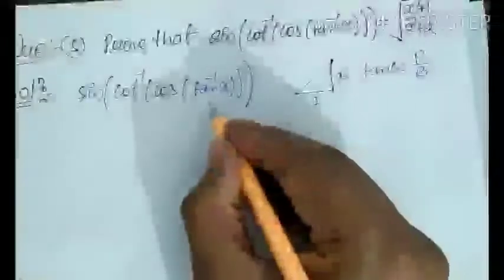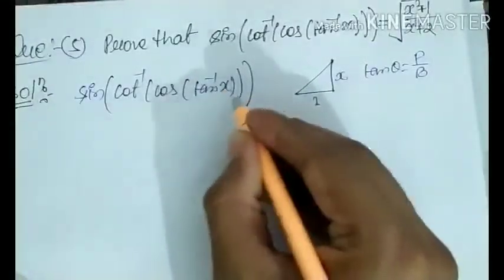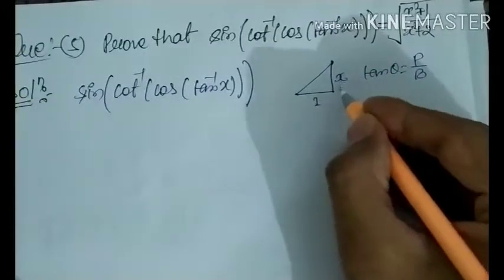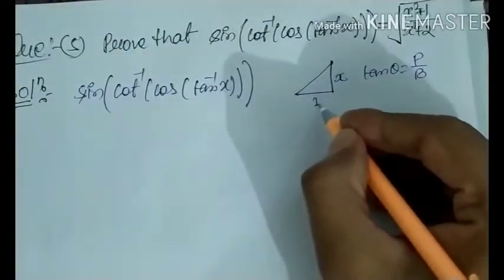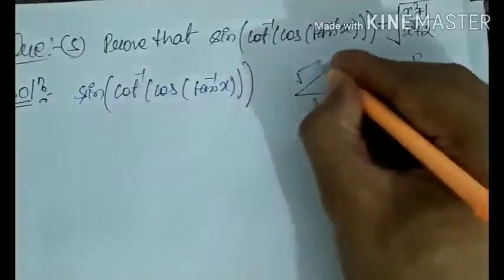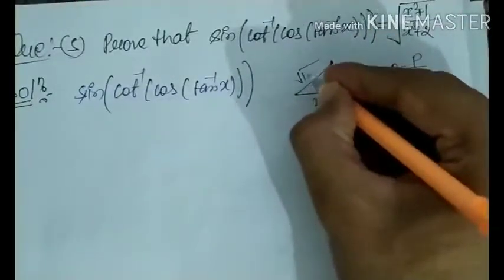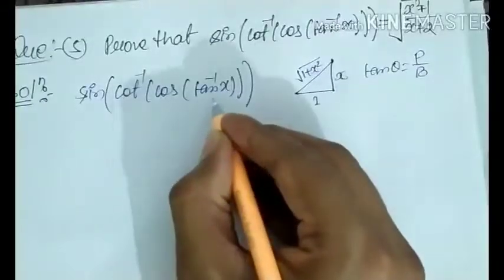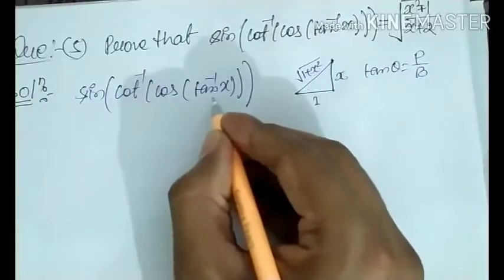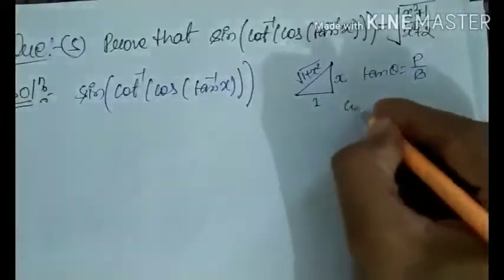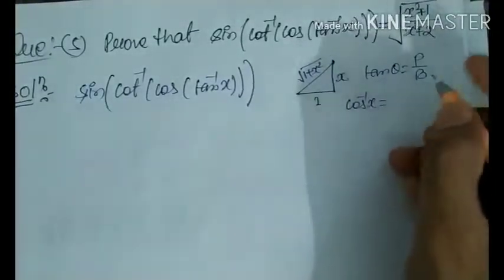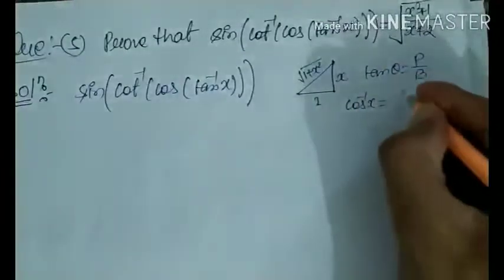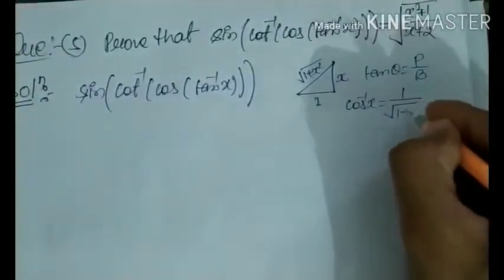So I'll get x at the place of perpendicular and the base will be 1. That's why the hypotenuse will be root of 1 plus x square. Okay, I'm going to convert tan inverse x into cos inverse. Here cos inverse is equal to base upon hypotenuse, meaning 1 upon under root 1 plus x square.